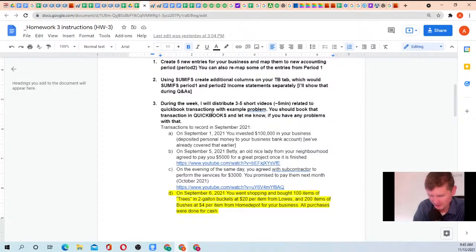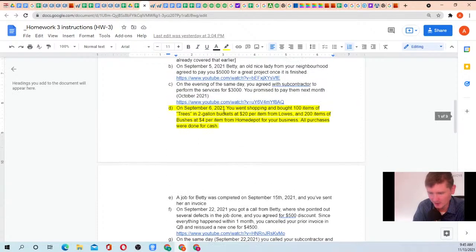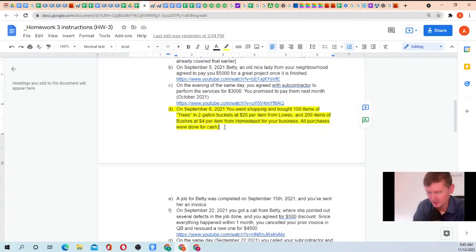QuickBooks transactions. I do have a last step here, for which I didn't provide the guidance. I will provide that today, I mean an instructional video. If you are going ahead of the schedule, you might have already Googled how to do that.